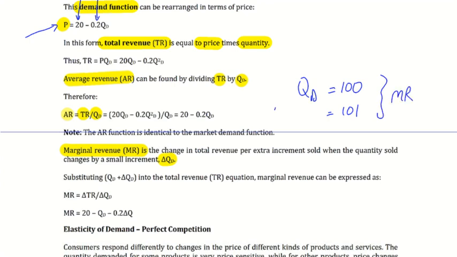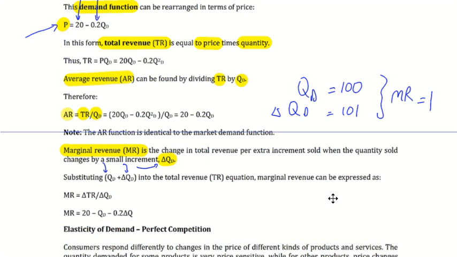We say change in quantity demanded from 100 to 101 is equal to 1 unit. That's why we call that change. If I then wanted to put into my equation total quantity demanded plus additional quantity, for one more unit sold.